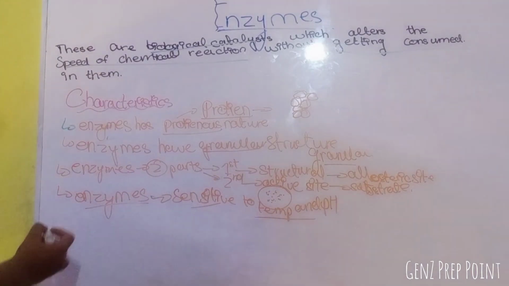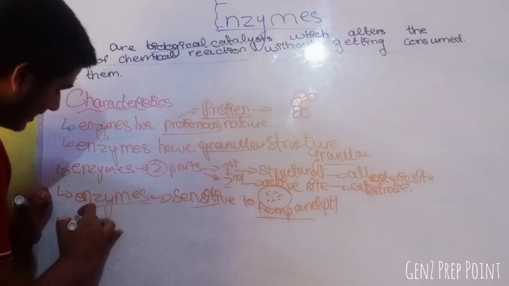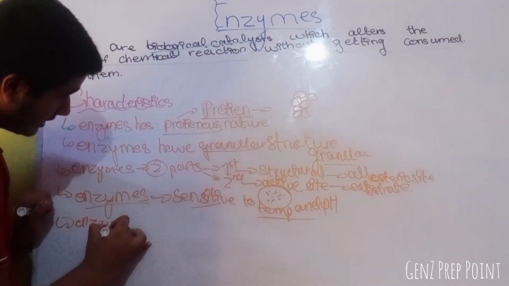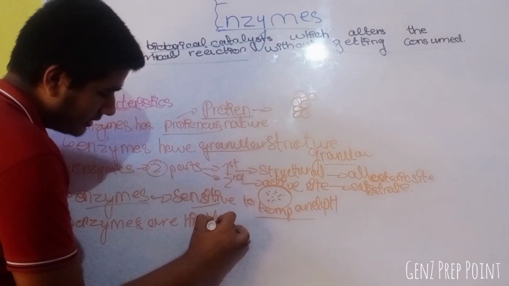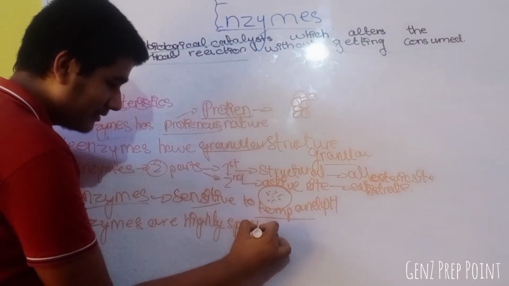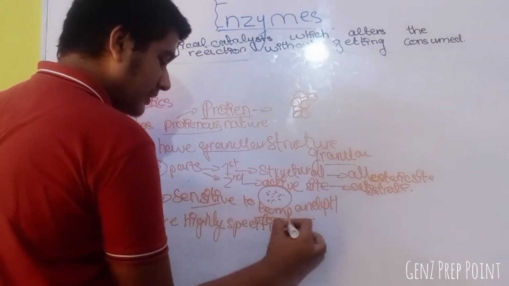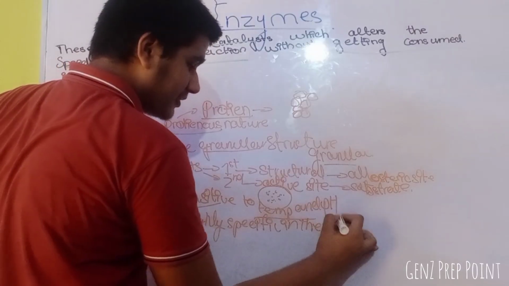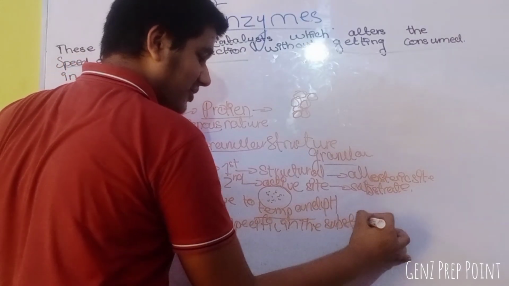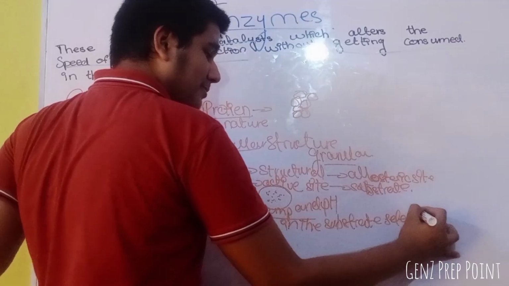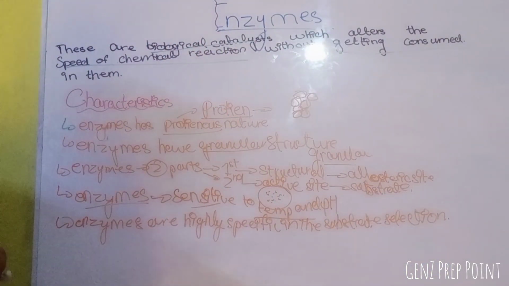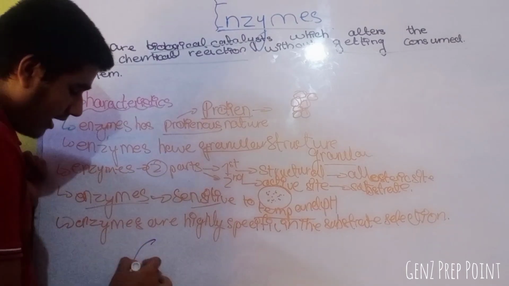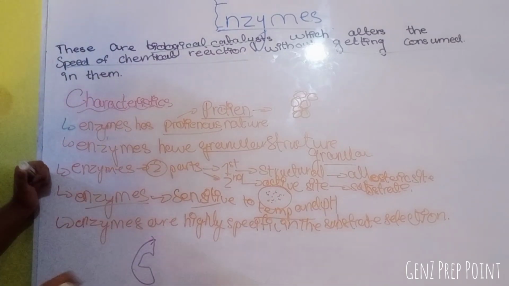So enzymes are highly specific in the substrate selection. Why am I saying they are highly specific in their substrate selection? This is an enzyme for protein. It has this specific shape for protein.